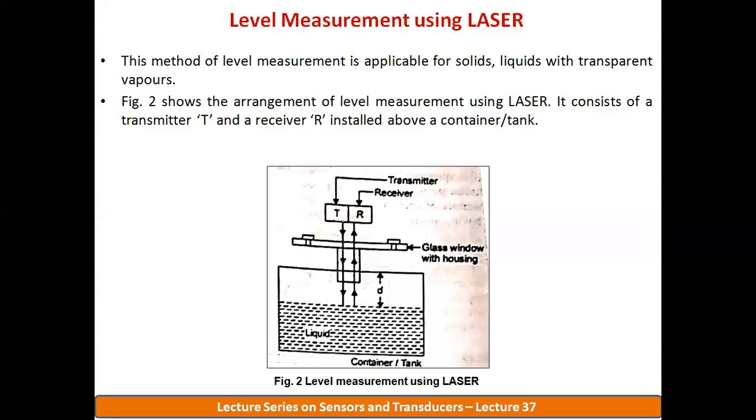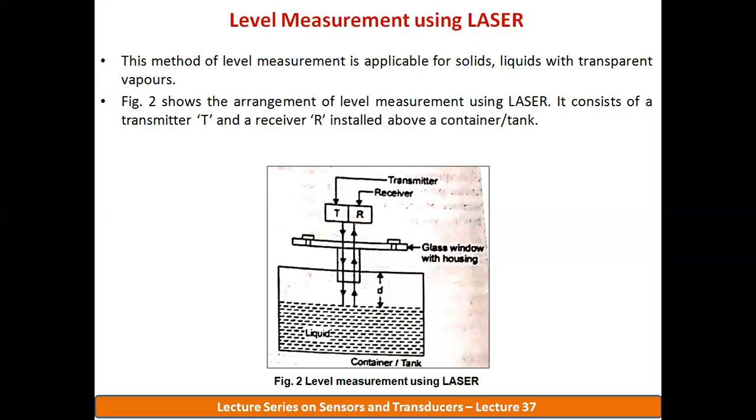So the working of this transducer is also very simple. Here we have made use of a laser. This laser will produce a light beam. The light beam is transmitted from a transmitter. That light beam travels and touches the surface of the liquid, and it is getting reflected.